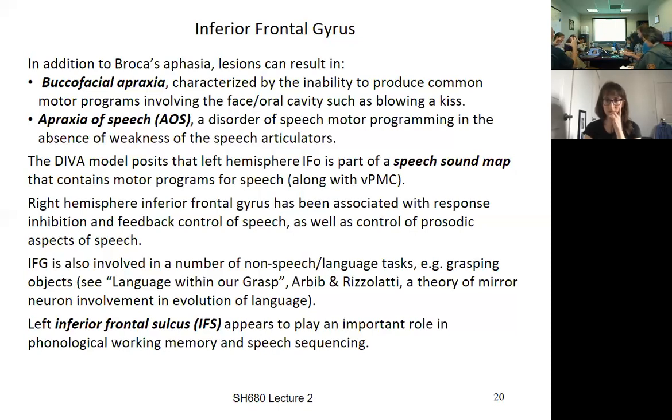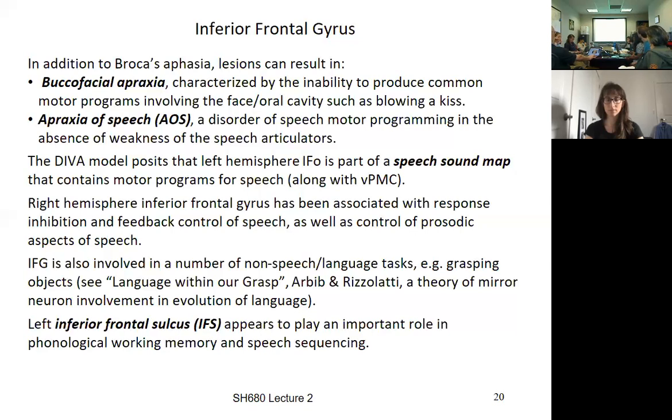So the more stuff you have to store in working memory, the more active left inferior frontal sulcus is. The inferior frontal sulcus shows up as involved in working memory generally, bilaterally, but on the left side there's specifically more activity for speech tasks than non-speech tasks. Only in the left inferior frontal sulcus are language working memory tasks preferentially activating it, as opposed to general working memory, where it is also active.